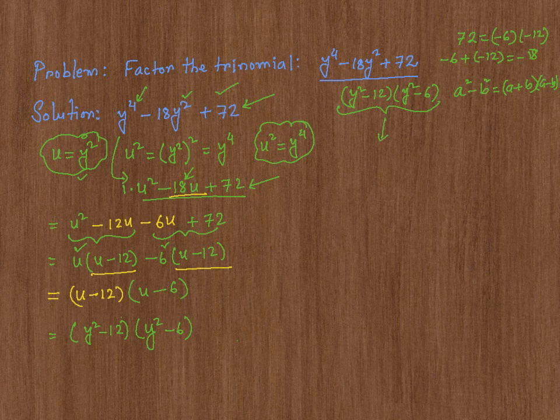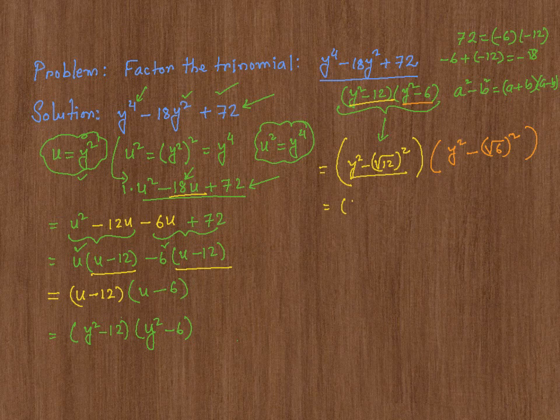So y square minus 12. This factor, I could write as y square minus square root of 12 whole square. And then the second factor, y square minus 6, I could write as y square minus square root of 6 whole square. Now I have a situation where I have a difference of squares.